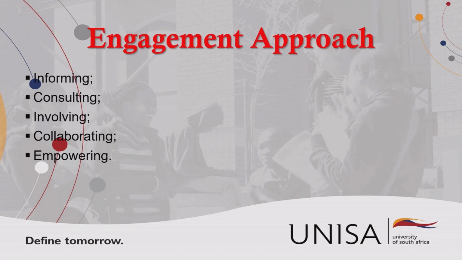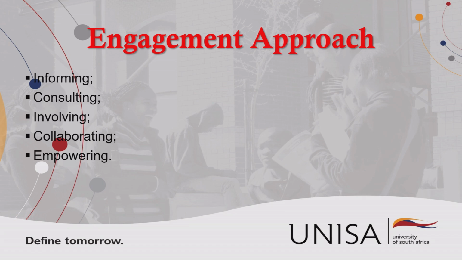But then there will be some other stakeholders that you're going to have to empower. The students, as an example, you're going to have to empower them. By empowering, what we are finding is that the majority of your average students at any university, not just a UNISA program, have very little understanding of the work of the SRC, right?